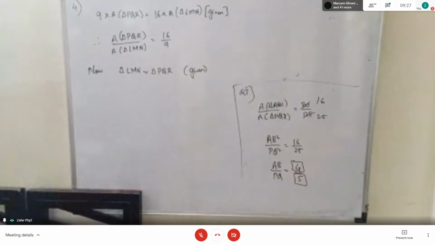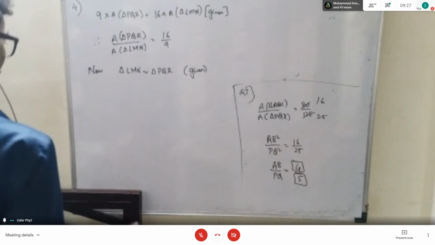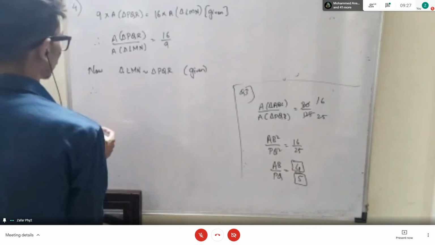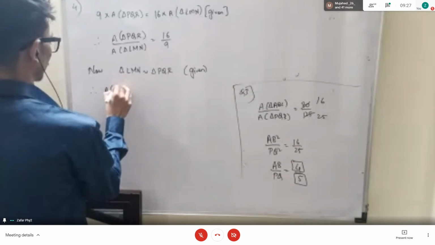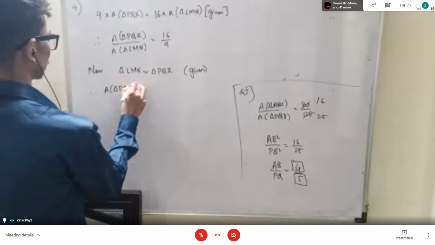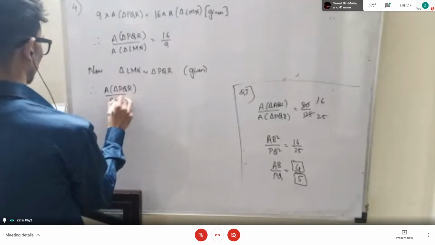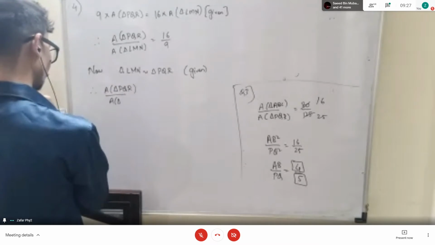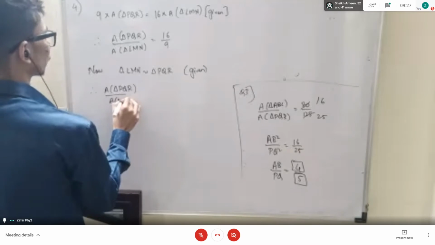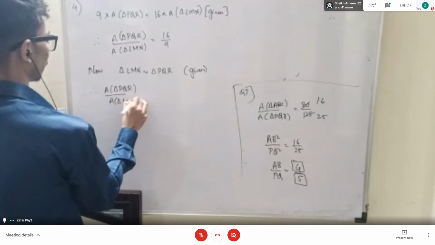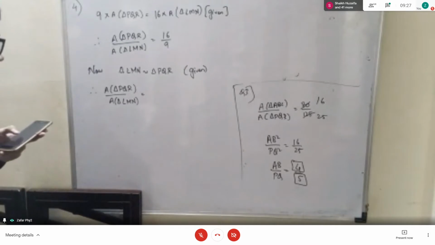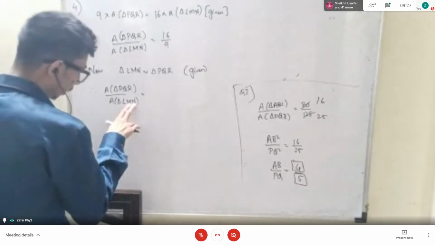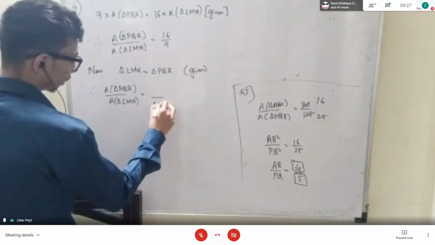The ratio of the areas of triangles is proportional to the square of their sides. Therefore, area of triangle PQR upon area of triangle LMN is equal to, we have to find MN from this triangle. We have to find MN.